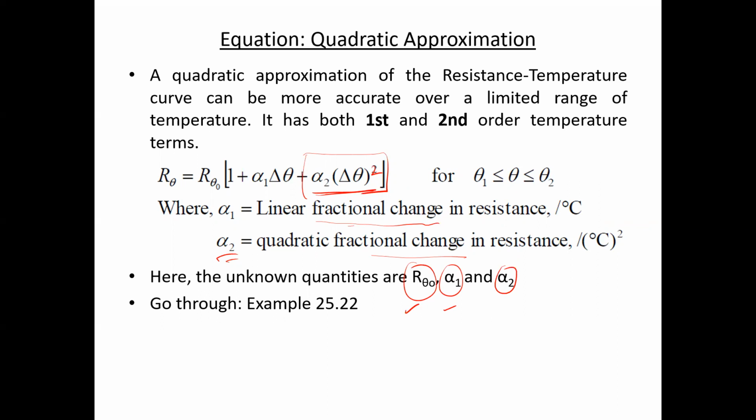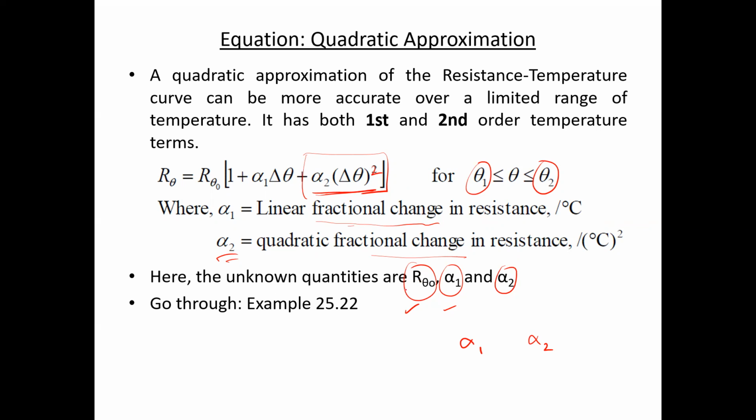However, still for a particular range from theta 1 and theta 2, two quadratic equations can be written, and by simplifying the two quadratic equations to have two equations of two unknowns, those can be easily solved. So the two unknowns would be alpha 1 and alpha 2, because r theta 0 can be obtained from the graph or a data table.